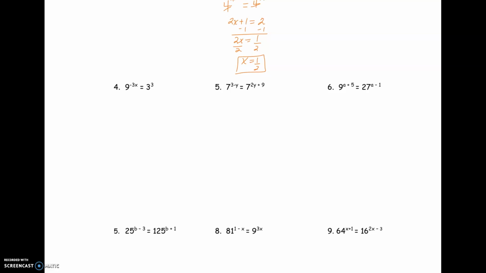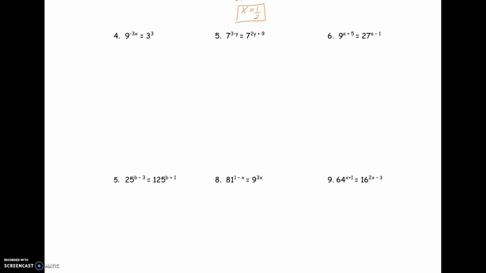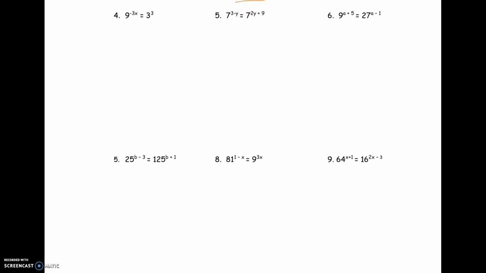Okay, let's look at another one. How about if I do number 16 with you? Not 16, how about number 9? Number 9 says 64 to the x plus 1 power equals 16 to the 2x minus 3 power. Again, I have to have the same bases. Neither 64 nor 16 have the same base.